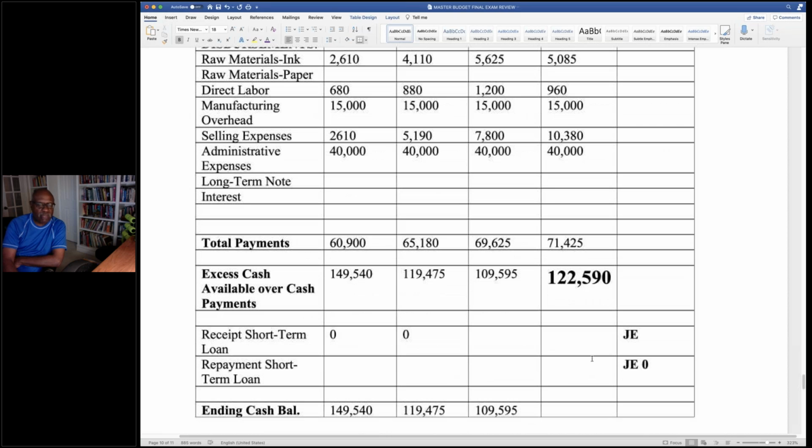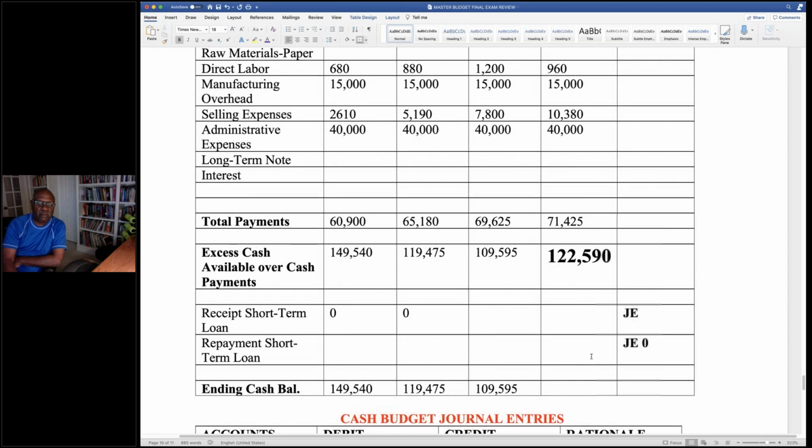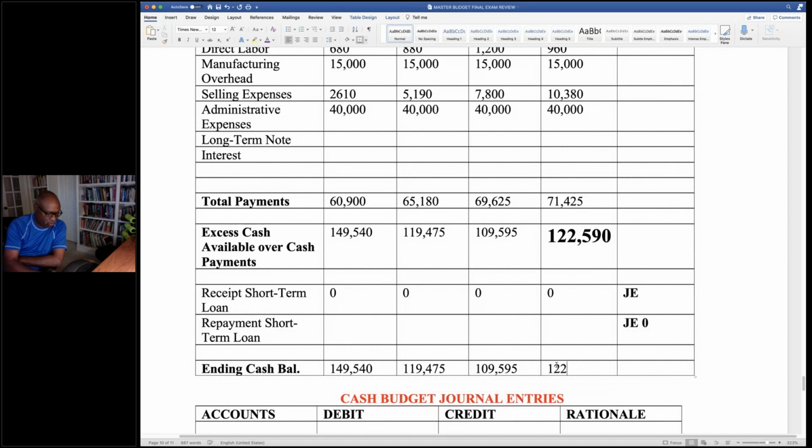How much do we need to borrow? None. Was that number right? Yes. I'm assuming so. Okay. So our ending cash balance will be the same.